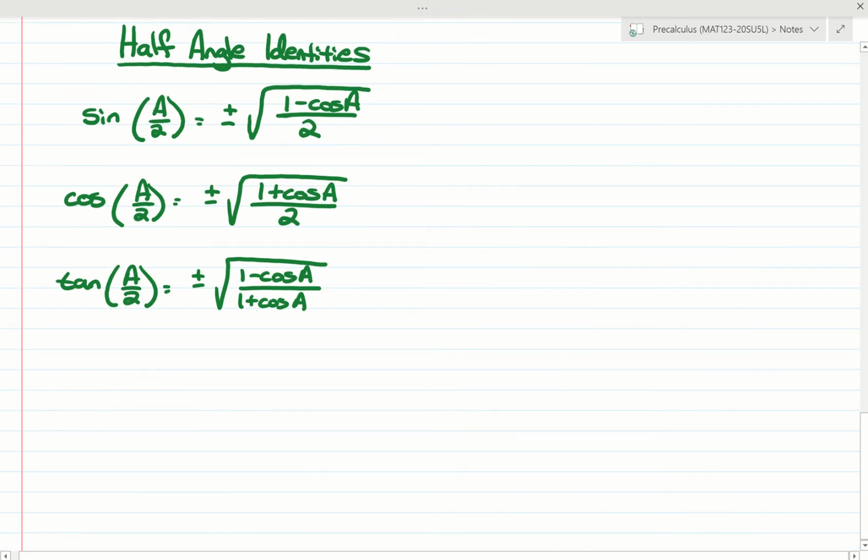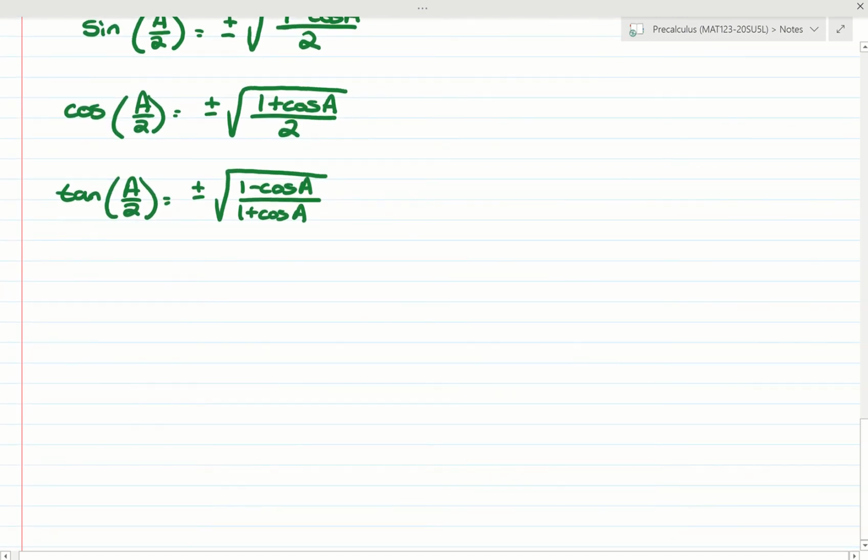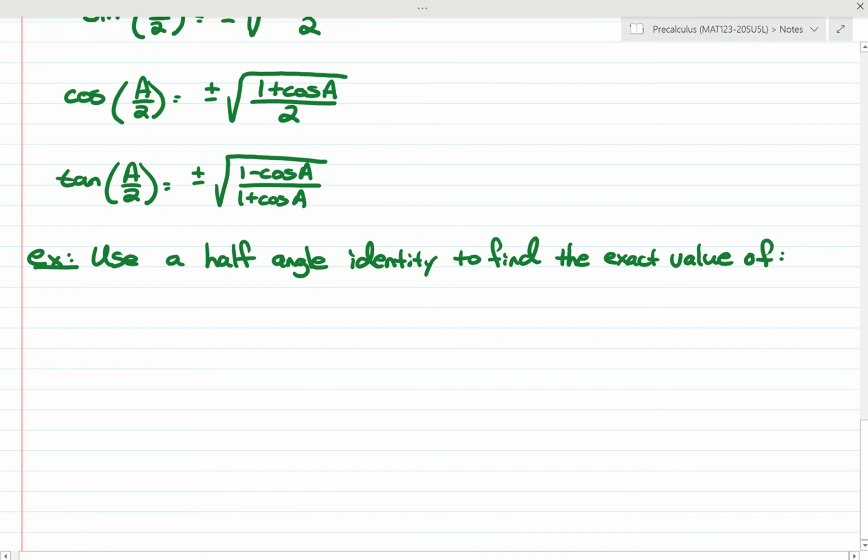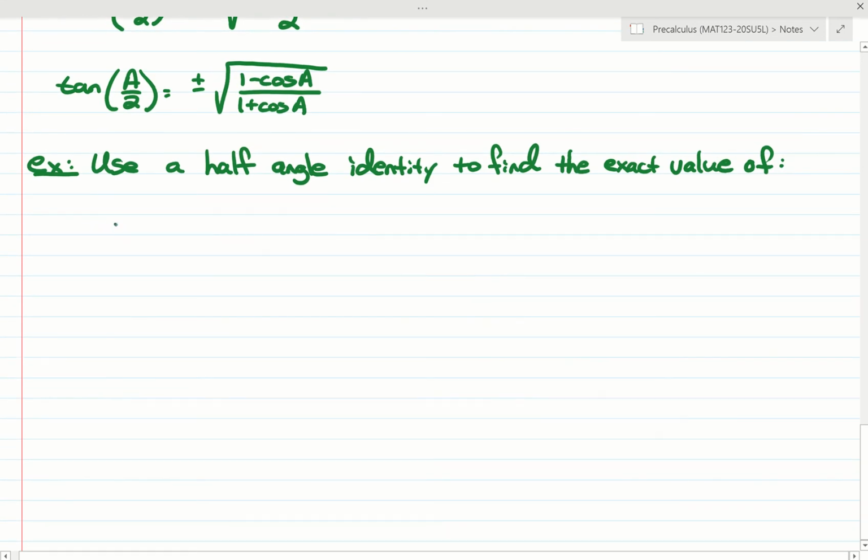And now let's take some examples with those formulas. Let's use a half angle identity to find the exact value of, so our first example, let's find the exact value of the sine of 165 degrees.